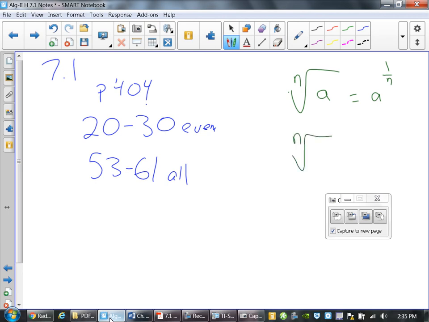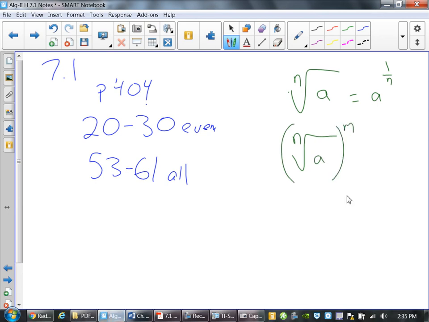If you have an nth root raised to a power, it is a to the m over n. Because if you simplify that out, you get a to the 1 over n to the m, which gives you a, using your exponent rules, power to power. And that's basically all it was. That's it.